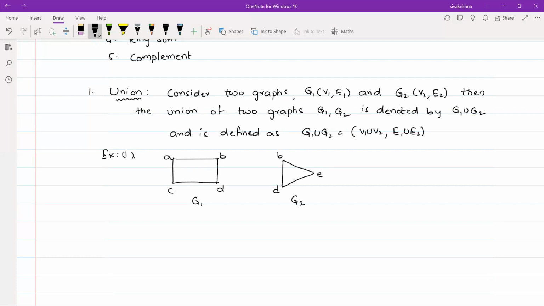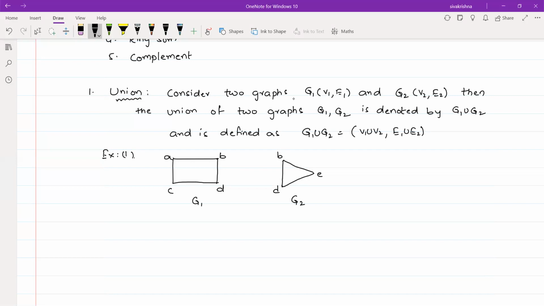Okay, now if you want to draw the graph G1 union G2, the definition is, we have to combine all the vertices in both the graphs G1 and G2 and all the edges in the graphs G1 and G2.